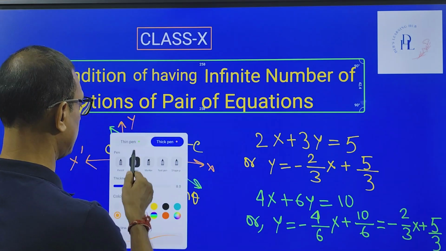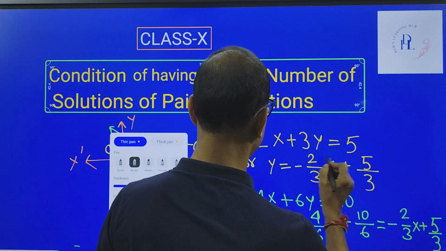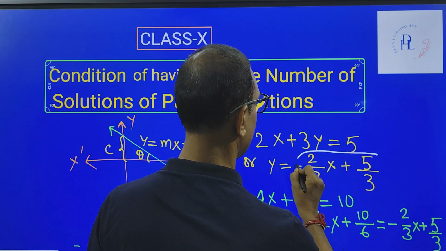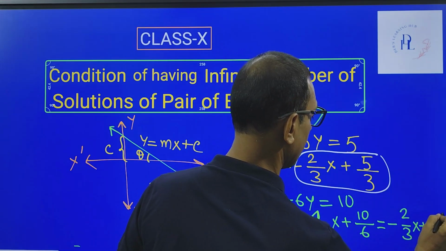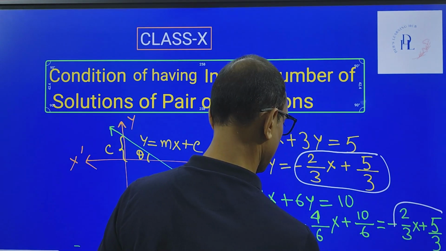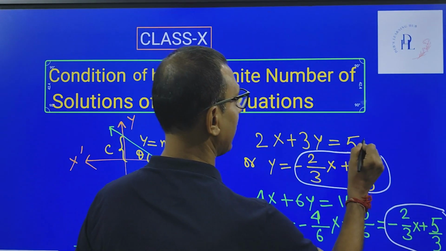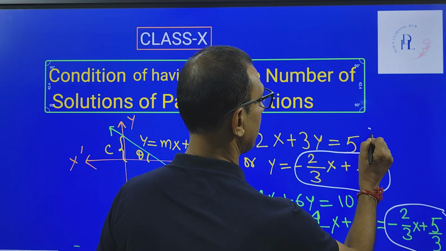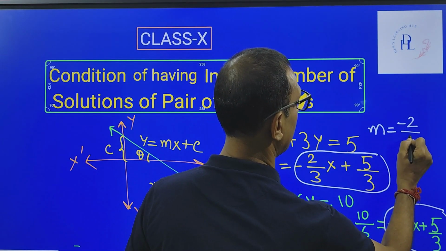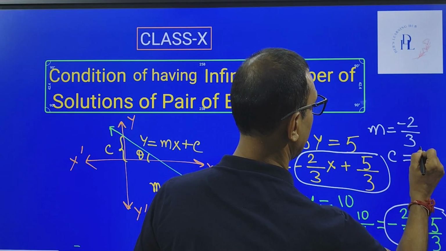So if we see both of these equations, where the value of m, in both the cases, m equals to minus of 2/3 and c equals to 5 by 3.